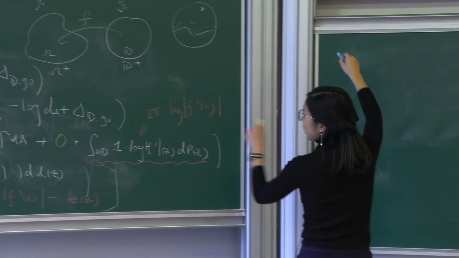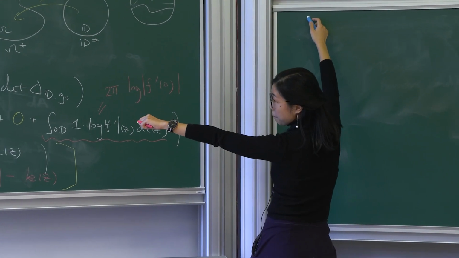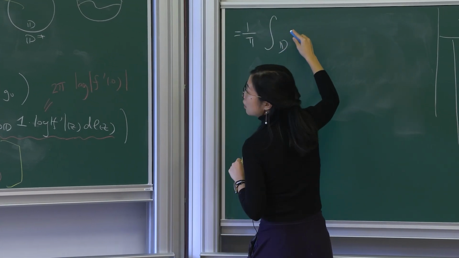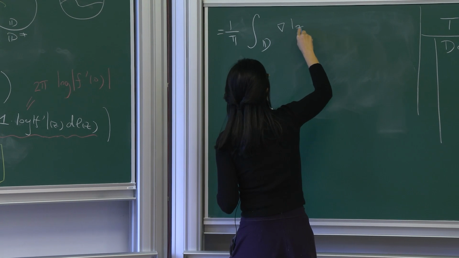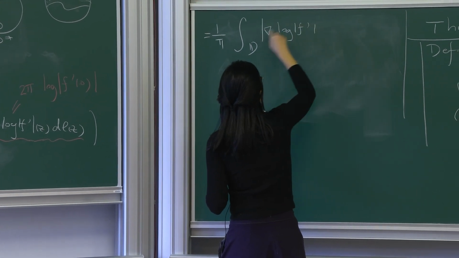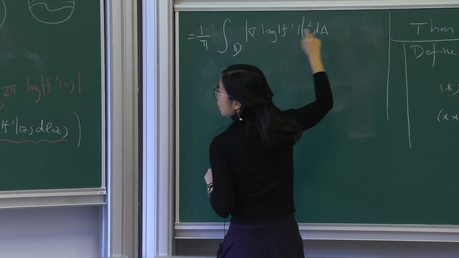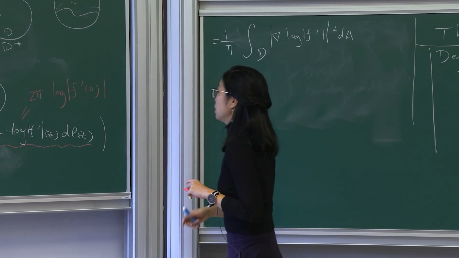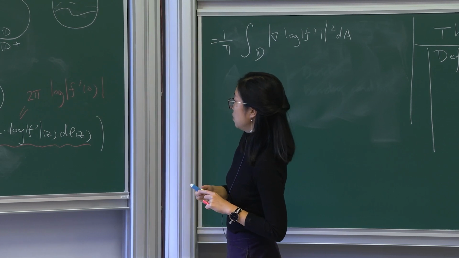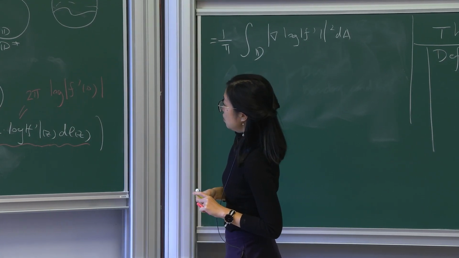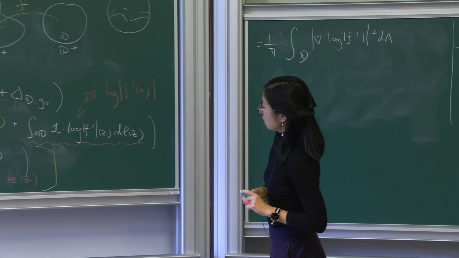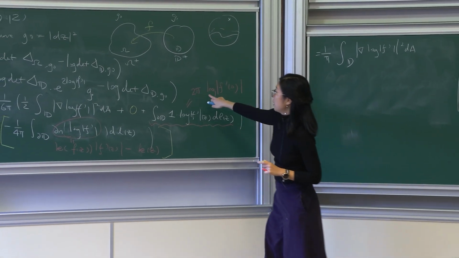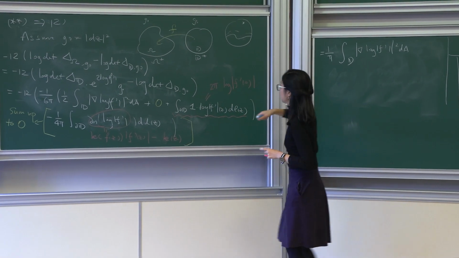Right. So anyway, here we would get, okay, 1 over pi of this term, it'd be, okay, so this will be 2 pi, so this is 4, right?